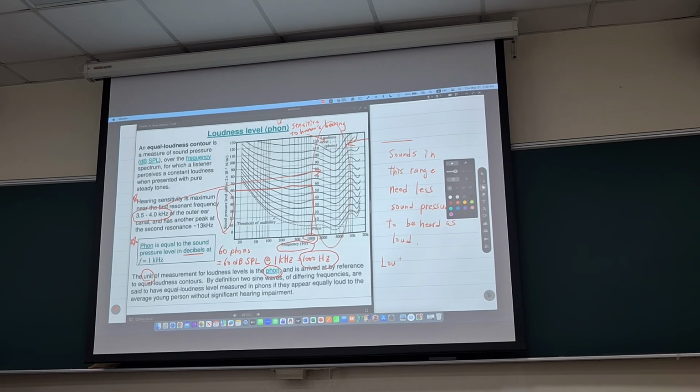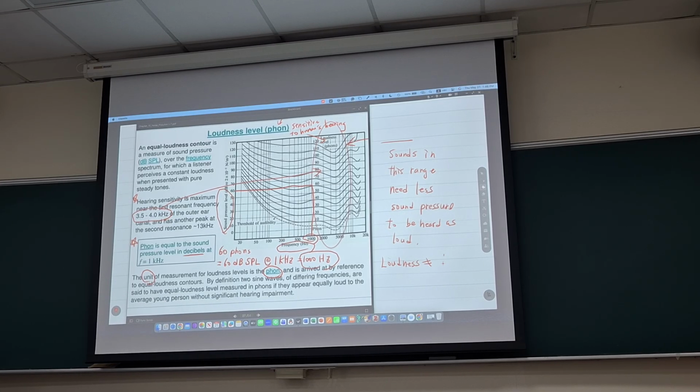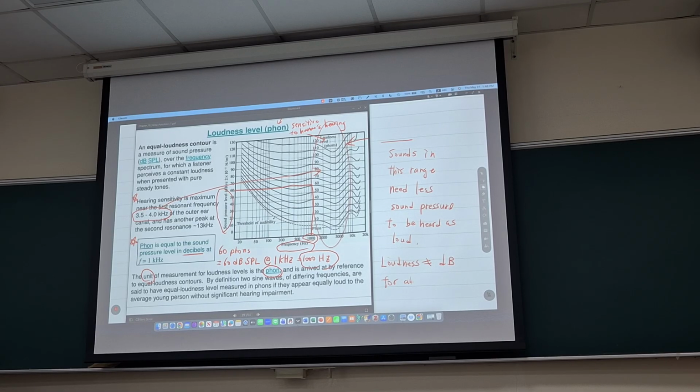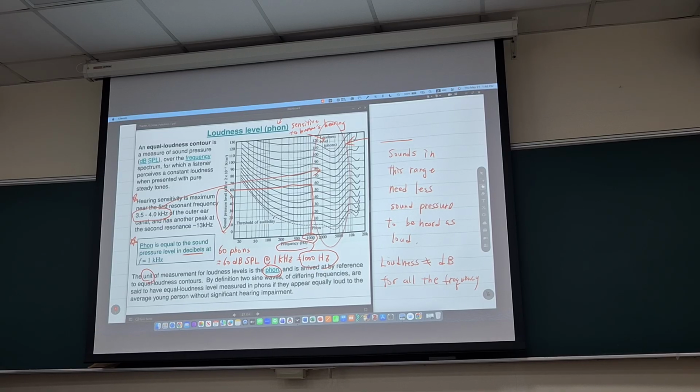So the loudness is not equal to dB for all frequencies. This is nothing you can do there. So by adjusting frequency, you can adjust the loudness. Understand?